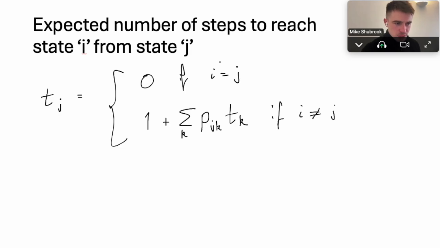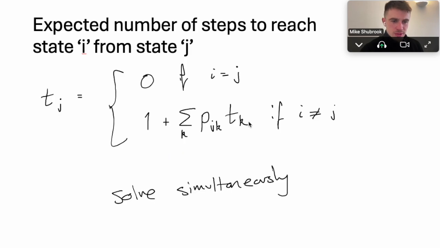Whereas if we start in some state that is not equal to i, the answer is 1 plus the sum over all states k of the probability of going from j to k times the expected number of steps that it takes to get to i from k. So k loops over all possible states. This is going to give us a system of linear equations that we need to solve simultaneously.